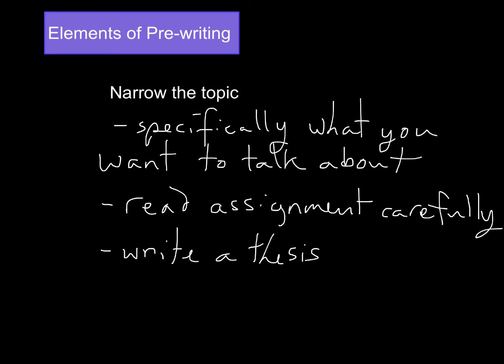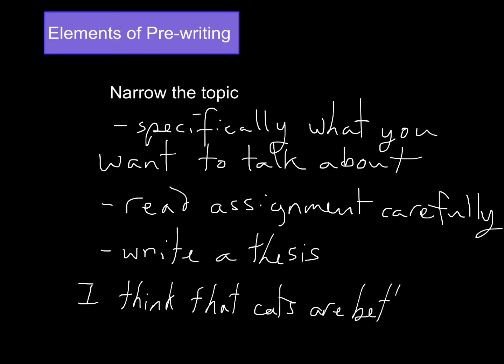Writing a thesis statement isn't that difficult. What you need to do is come up with one sentence that directly summarizes your position and begins with the words, "I think that." So, for example, okay?